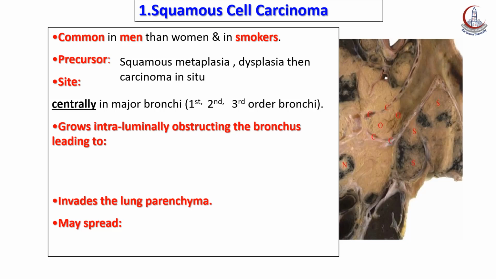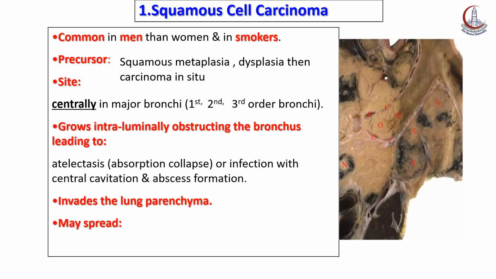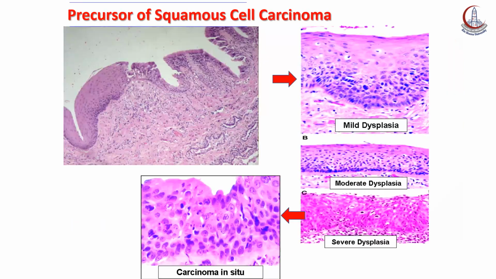The mass grows intraluminally, obstructing the bronchus, leading to absorption collapse, or secondary infection with central cavitation and abscess formation. The tumor also invades the lung tissue and can spread to the hilar lymph nodes, but distant metastasis is late.